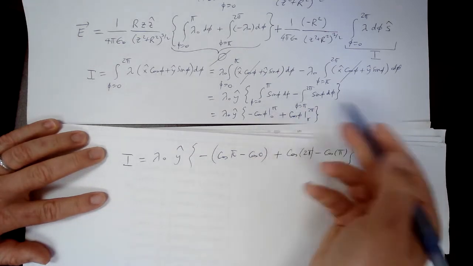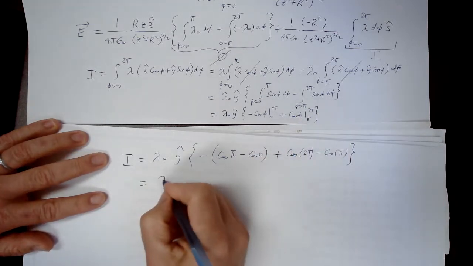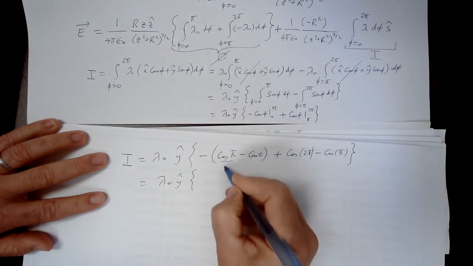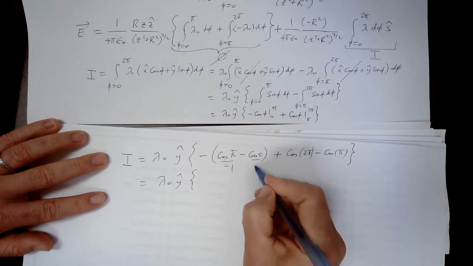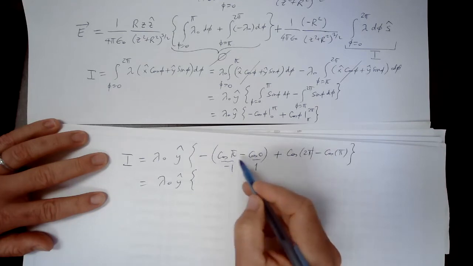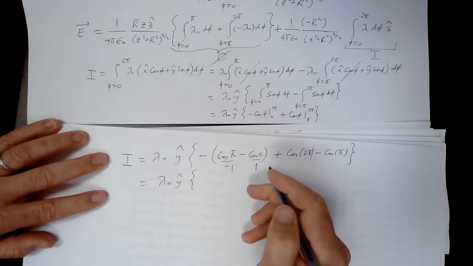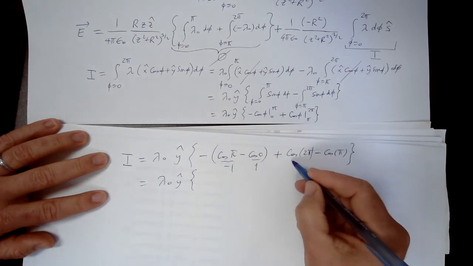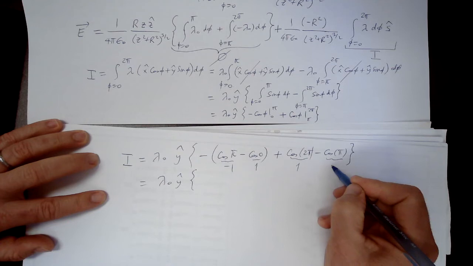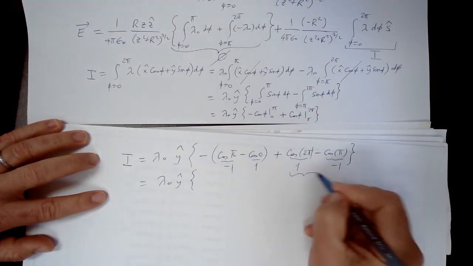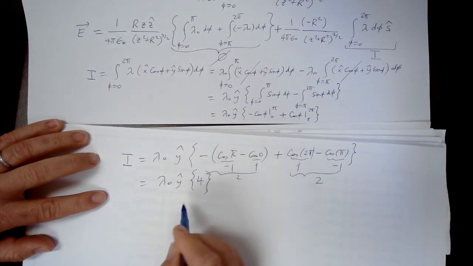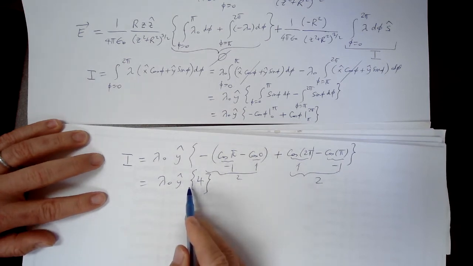You can more easily just straightforwardly say this: lambda naught y hat, this is minus 1, this is plus 1, minus minus, that's minus 2. And this is 1, this is negative 1, that's going to give me plus 2. So the result will be plus 4, all of them together.